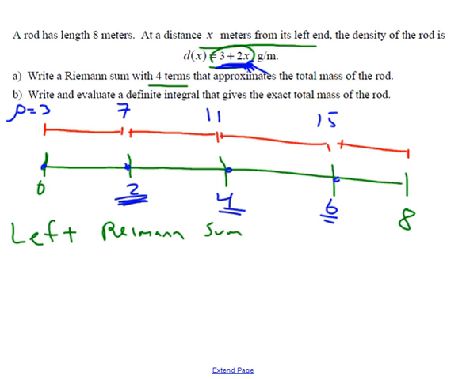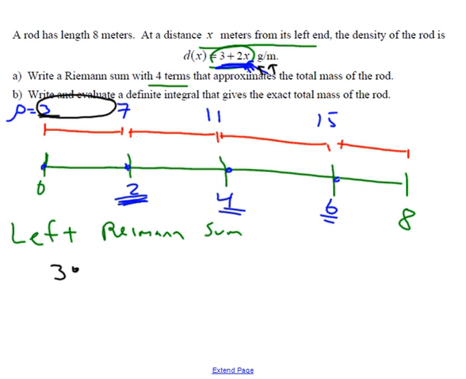So the idea of this Riemann sum is that over the first of the interval from 0 to 2, I'm going to just assume that my density stays at 3. And again, this is a Riemann sum. It's an approximation. It's not perfect. So my density is 3 times my length, because my density is grams per meter.